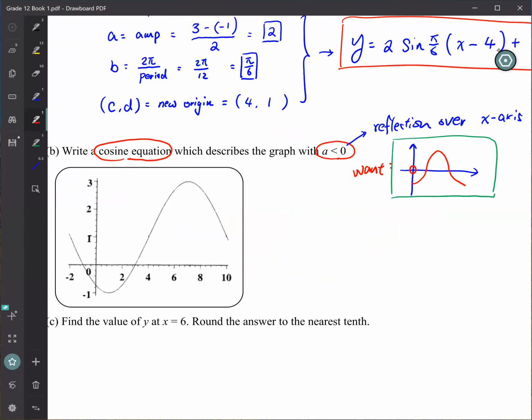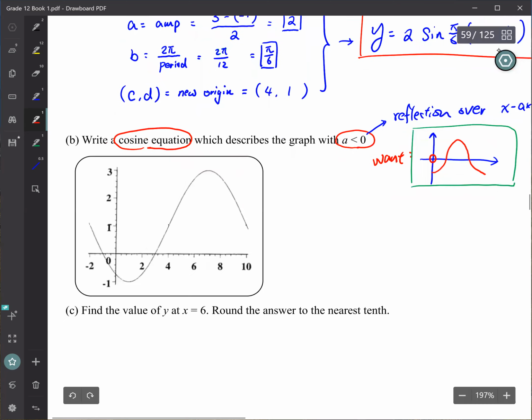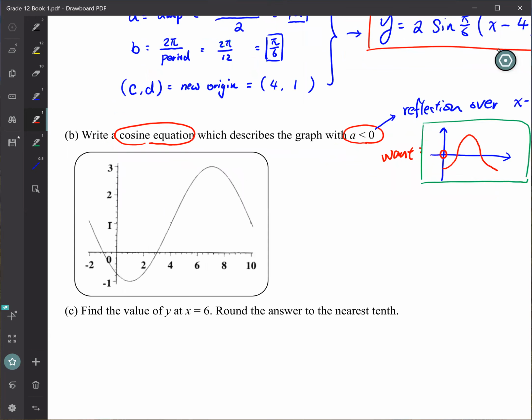So please raise your hand if you finished finding A, B, C, D. Once you figure out what you want to find, draw the new origin. Middle line is the same, okay?